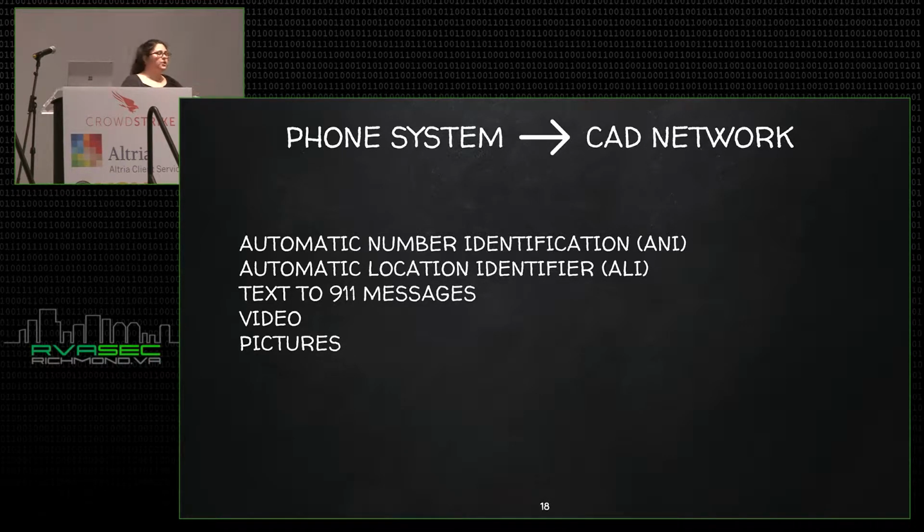And one of NEXTGEN 911's big benefits is that the ESInet is going to tie all 911 centers in the region and the state together. So it could hop from you to your phone system on the ESInet, hop over to Franklin County, Fairfax County, wherever, and then get into their CAD network. So that's the kind of risk that we need to think about when we move to NEXTGEN 911.